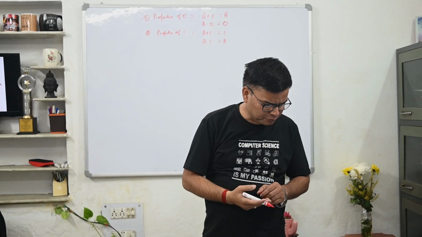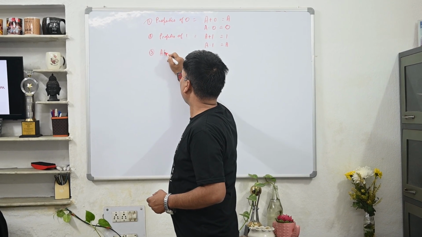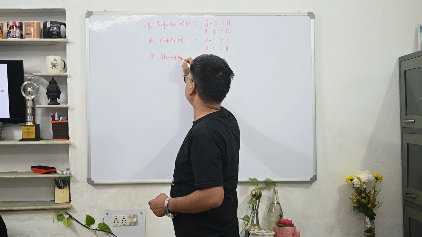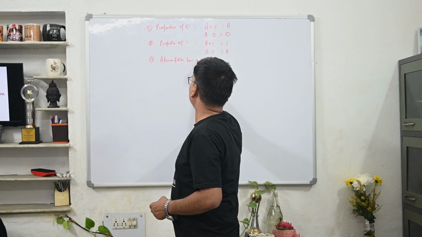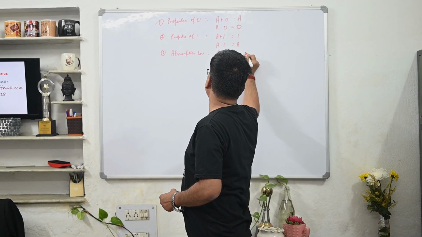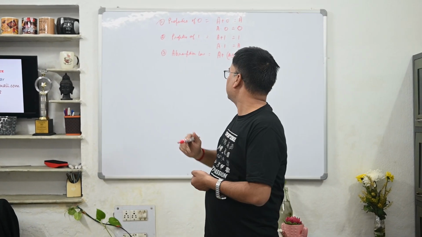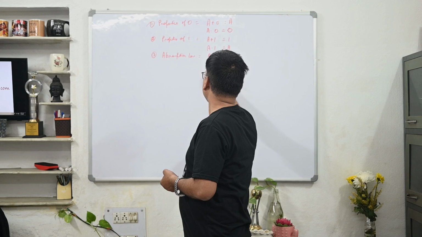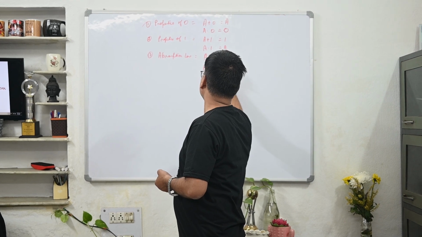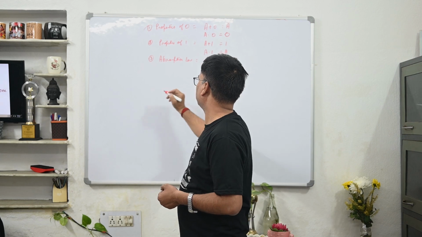Then we have absorption law. Absorption law states that A plus AB is equal to A. The second absorption law is A dot (A plus B) is equal to A. This is the third law, absorption law.